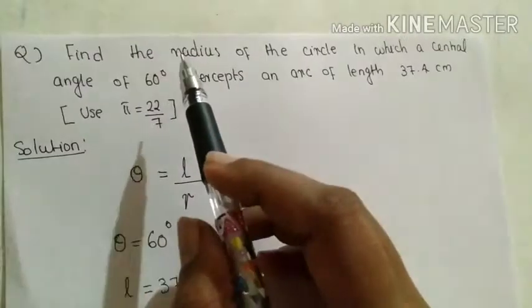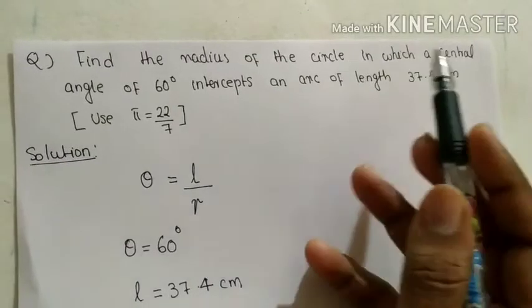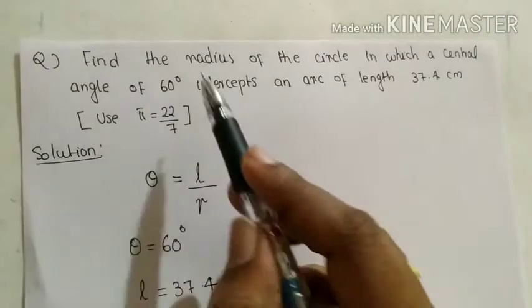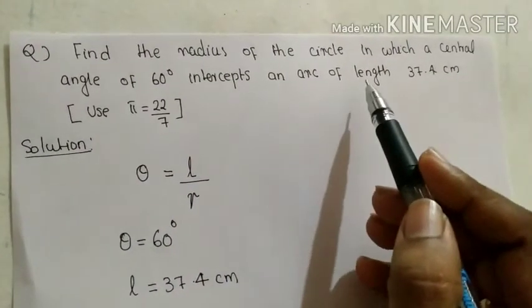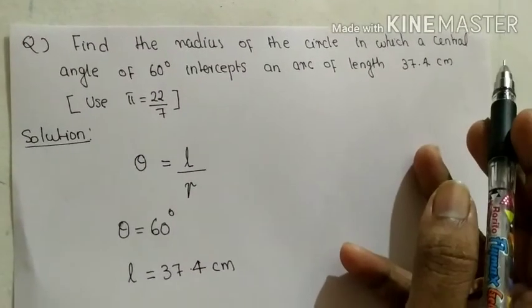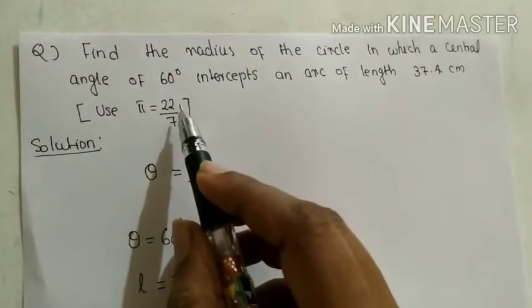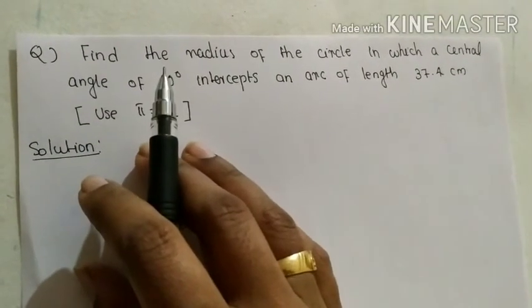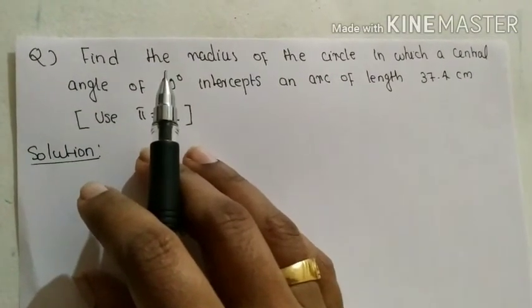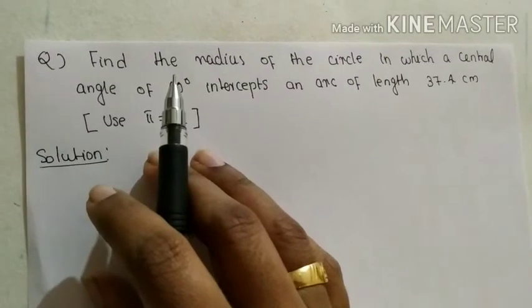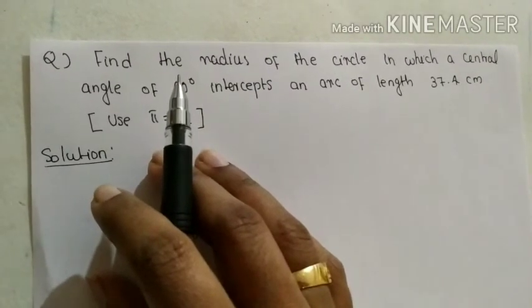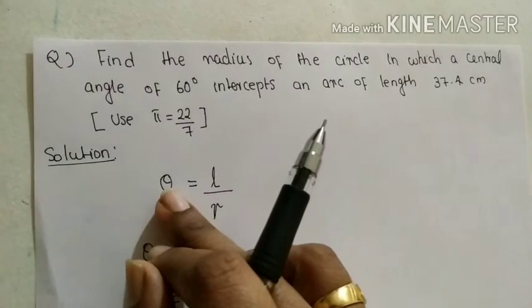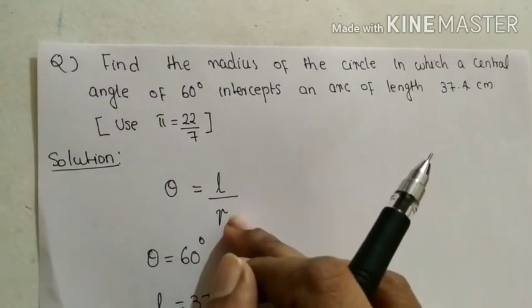This is our next question. Find the radius of the circle in which a central angle of 60 degree intercepts an arc of length 37.4 centimeter. Use pi equal to 22 by 7. So in this question we need to find out the radius of the circle, and we know that the relationship between radius, length and angle is theta angle equal to arc length divided by radius.